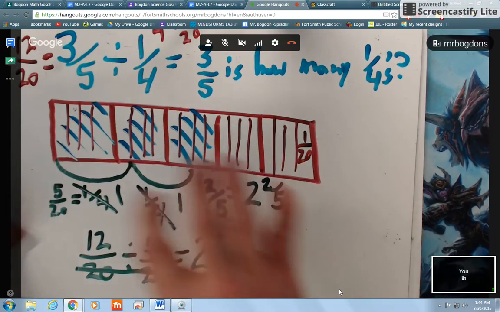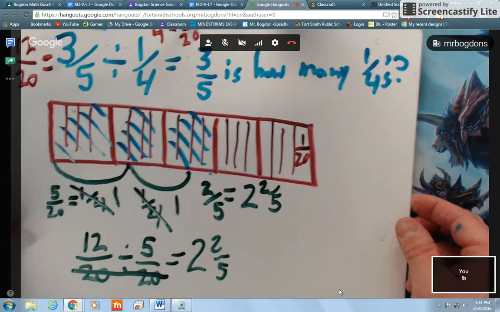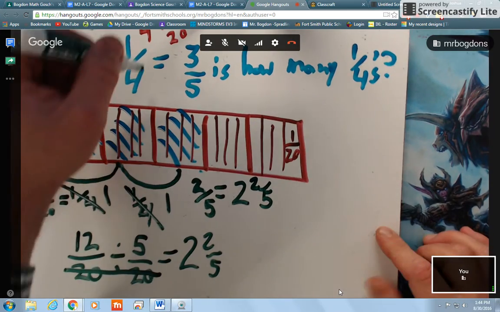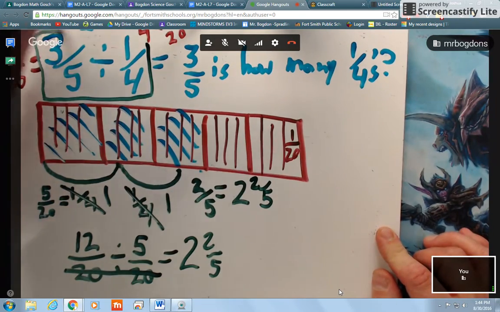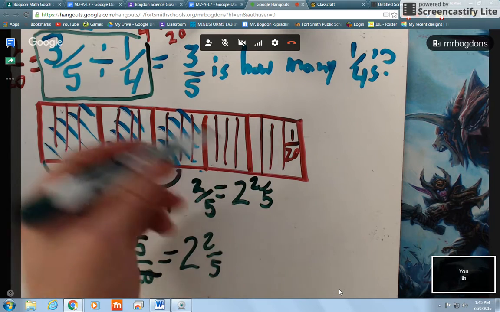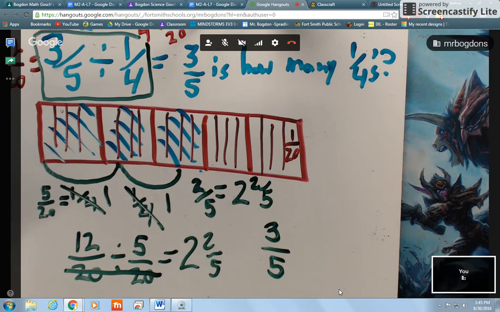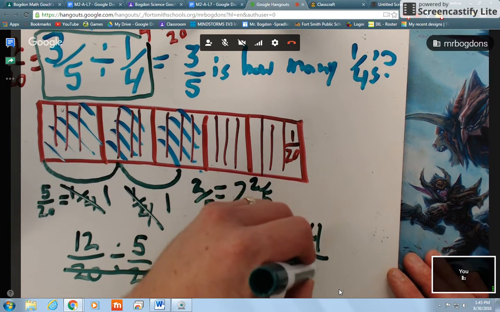All right, so I know that you guys don't like the models, but we have to somehow relate them to this because that's part of the standard, okay? Let's do the easy thing. Let's go back to say, all right, well, here's my 3/5 divided by 1/4. What's my shortcut? Keep, change, flip. So what am I keeping? Go ahead, Jose. Three-fifths times what? 4/1.